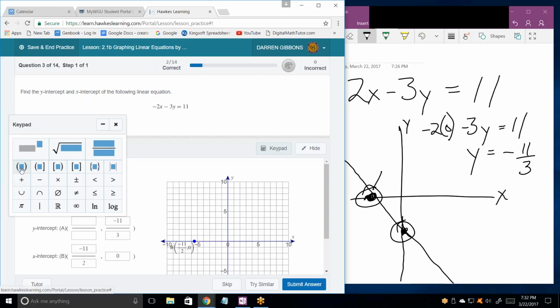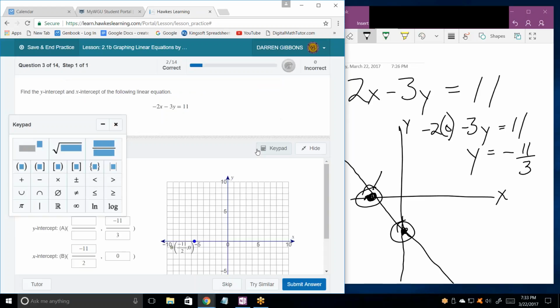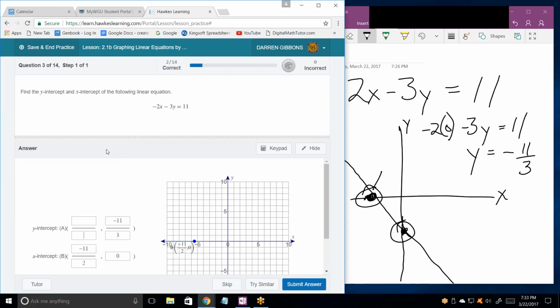Yeah, it didn't like me doing 0 divided by 0. 0 divided by any number is 0.